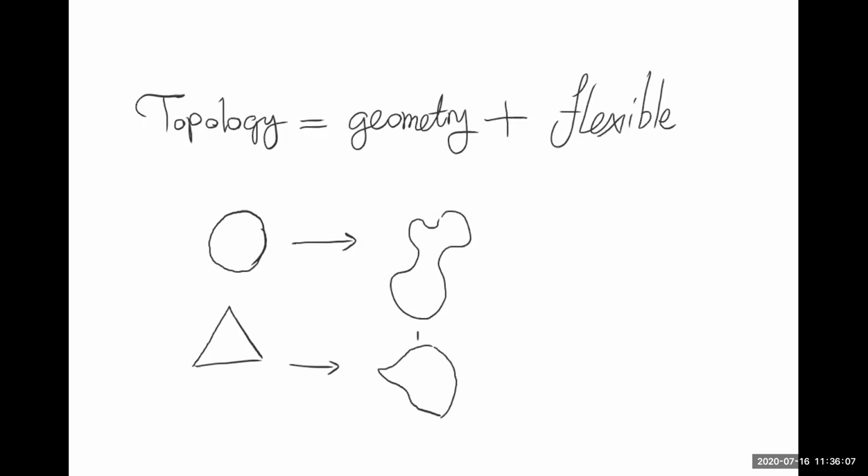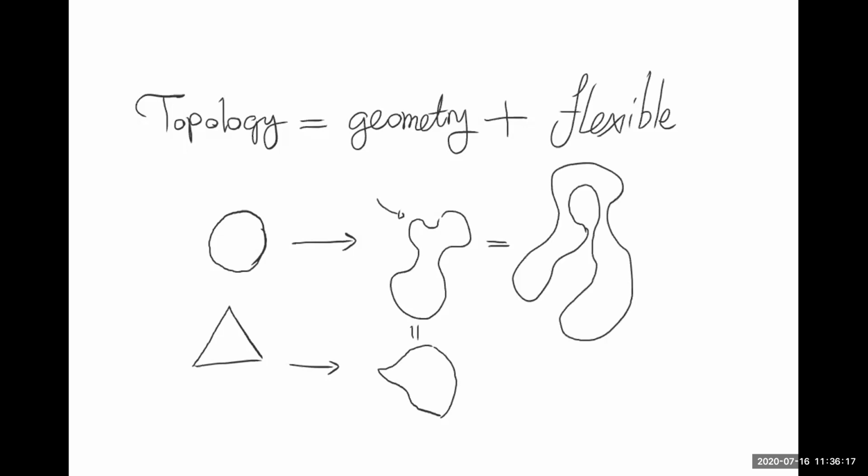And actually, these two things are equal in topology. Equals anything of the similar form. In topology, we are assuming everything is made of something which is completely flexible. We can deform anything in any way we want. And all of these things are the same in topology. These things are all equal.